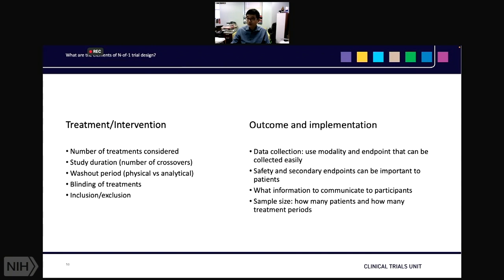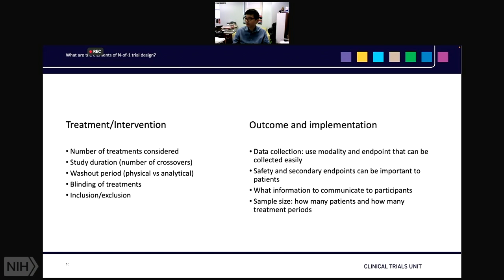The advantage of an N-of-1 trial is that we have some flexibility in terms of whom to include, because at the end of the day, the comparison is within that individual. So we are not aiming to generalize the treatment decision for that individual to the entire population. In that sense, we have some flexibility in terms of whom to include and whom to exclude. We could even include participants with multiple comorbidities, those people who are usually excluded in an RCT.